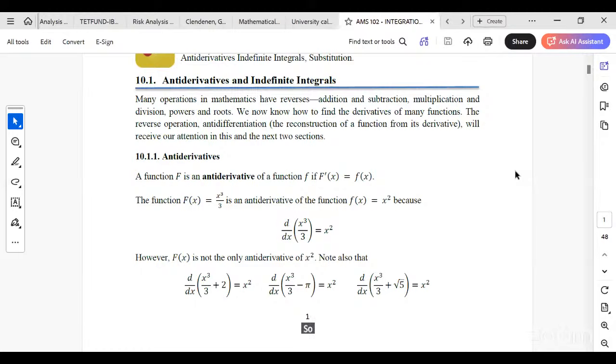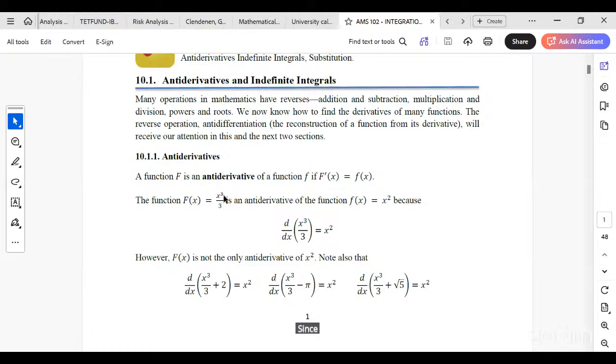Let us have a look at the function on the screen. We have the function x to the power of 3 over 3. Ordinarily, if you differentiate this function, the 3 at the power will multiply the function, so it becomes 3x, and then reduce the power by 1, which gives you 3x squared.